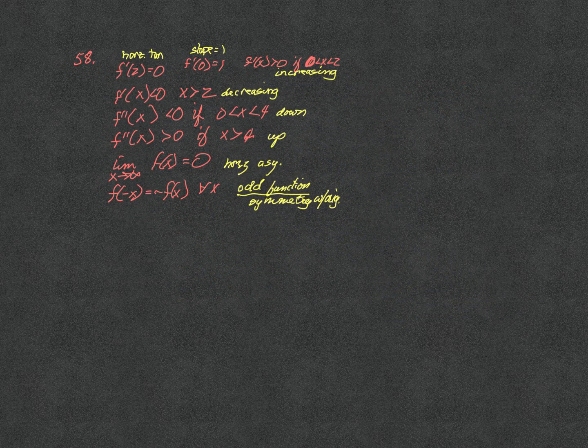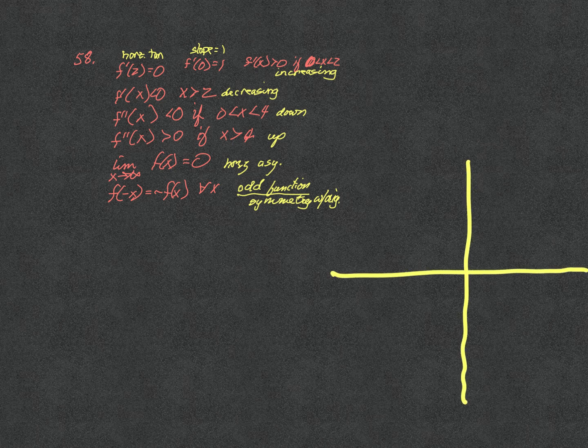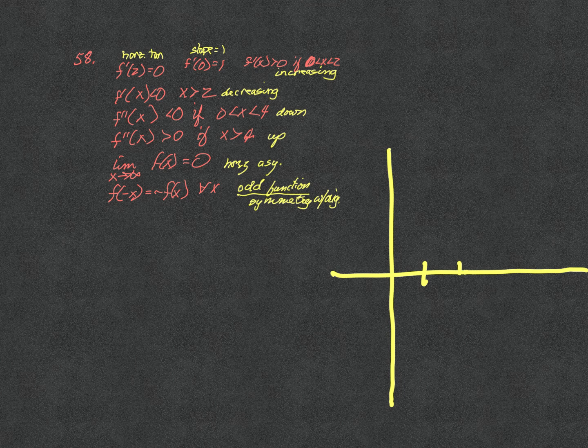Okay? So here I go. It looks like my intervals are 0 to 2 and greater than 2. So let me do this. So we go 1, 2, and then 0 to 4, 3, 4, 5. Okay, so we had a horizontal asymptote at 0.